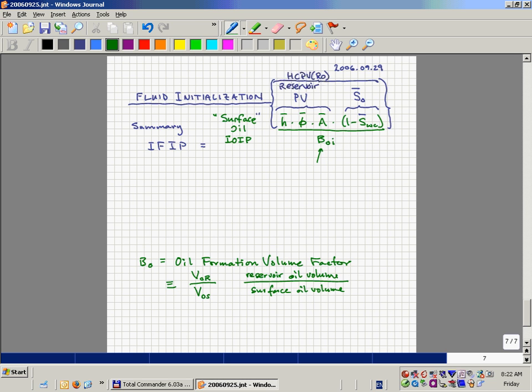Just intuitively. For the non-petroleum engineers in the group. How much do you think you get? Do you get more oil? You get like two cubic meters? Yeah?